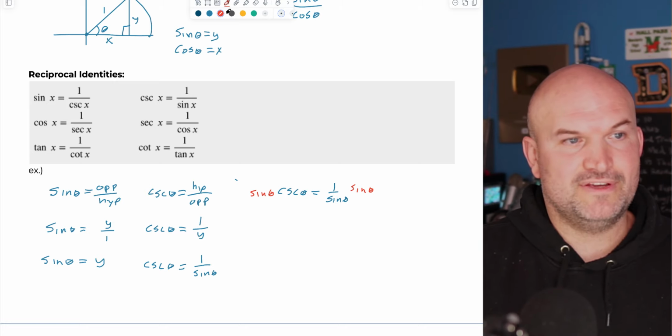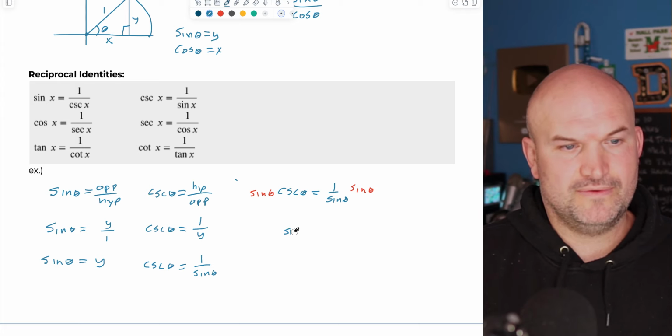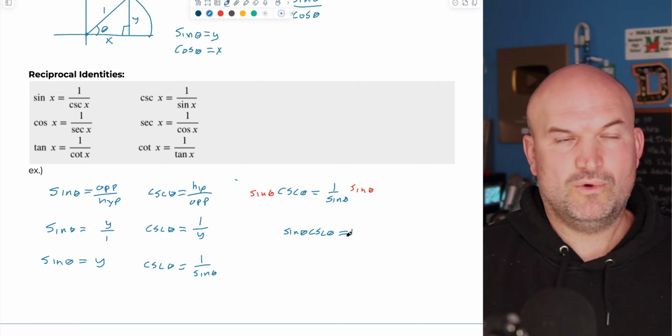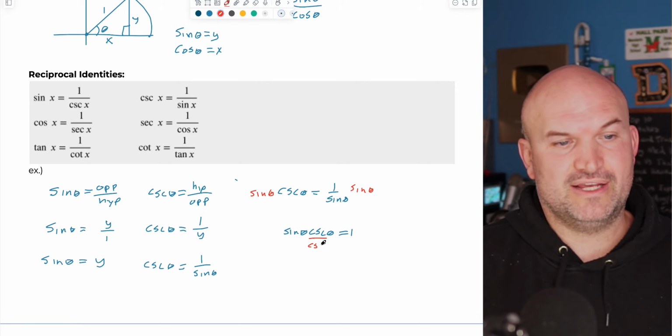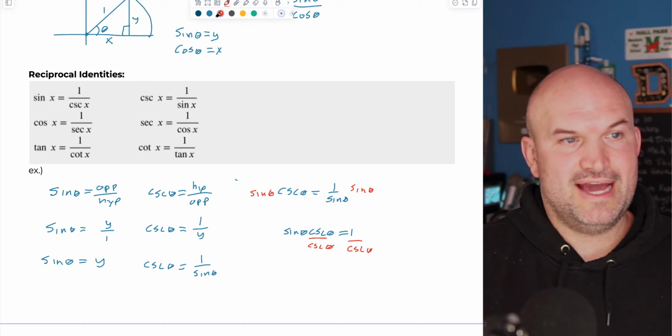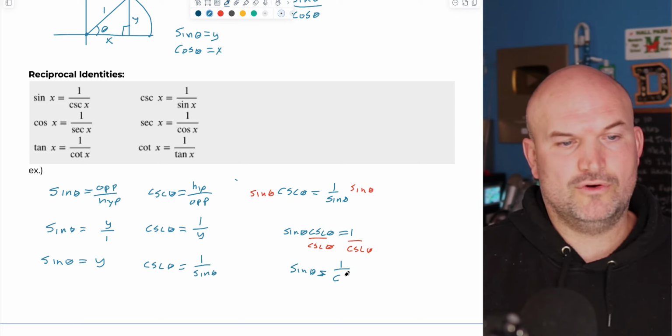And then what you would have is sine of theta times cosecant of theta is equal to 1. And again, if we wanted to solve for sine of theta, we divide by cosecant of theta on both sides. And now you can see we'd have sine of theta is equal to 1 over cosecant of theta.